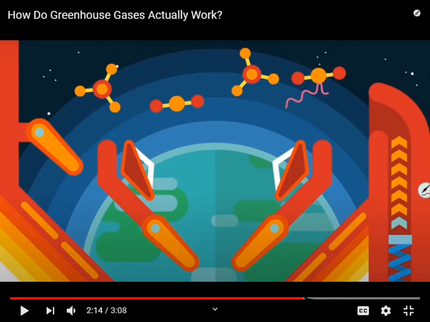The greenhouse gas molecules act like bumpers or obstacles in a pinball game that reflect the heat back down to earth, much like those bumpers and obstacles would reflect a pinball back down to the flippers in the machine.